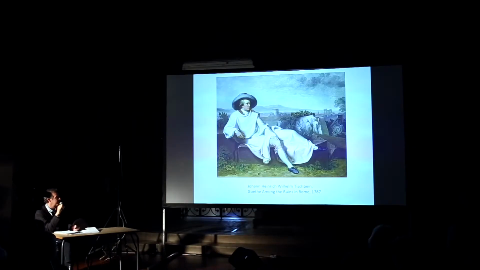I took an image of Goethe portrayed in the ruins of Rome. Of course, that was the period of Illuminism and Neoclassic. The Grand Tour and Romanticism were all about the fascination of the ancient. Here you can see Goethe portrayed between the ruins.